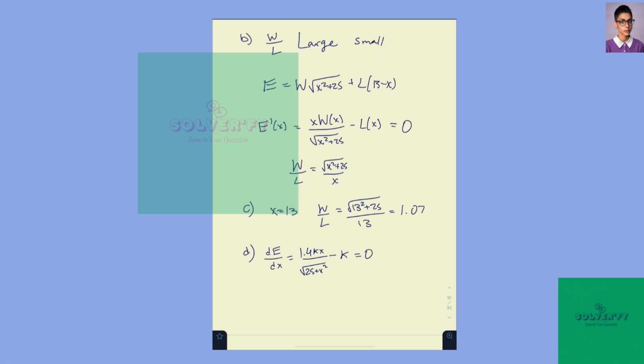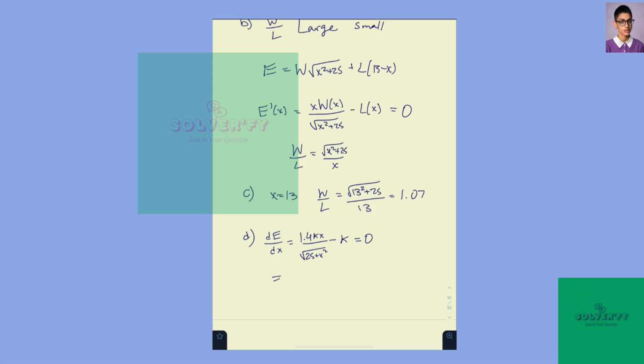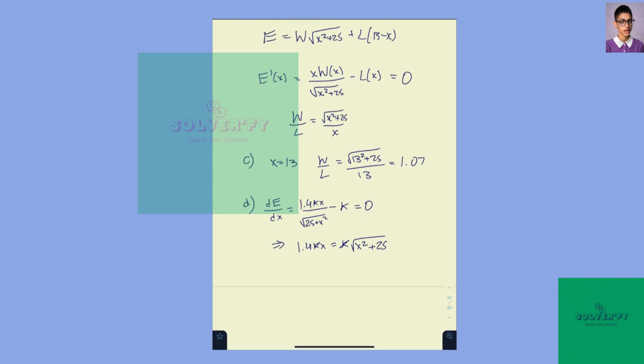We set that equal to 0, and what we end up finding is that 1.4kx equals k times the square root of x squared plus 25. The k's cancel, we solve for x. If we let 1.4k equal c, and then x equal 4 and k equal 1, we get that c is approximately 1.6.